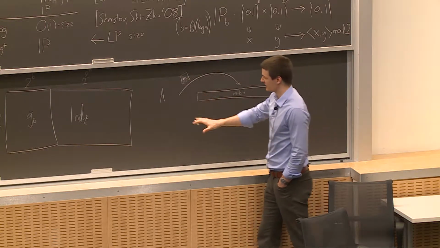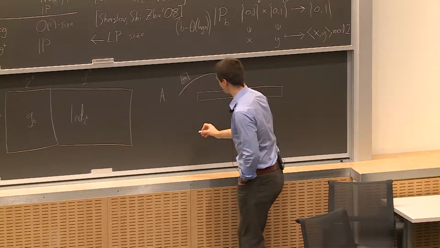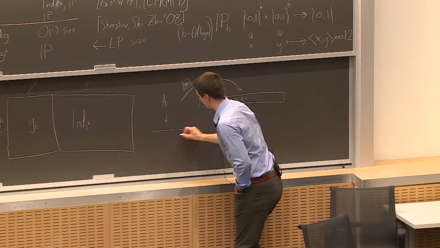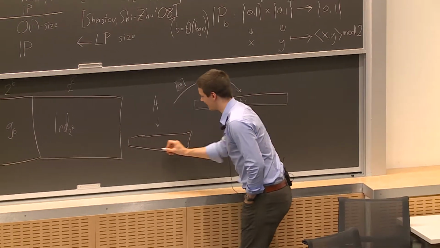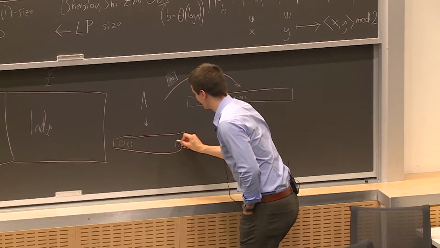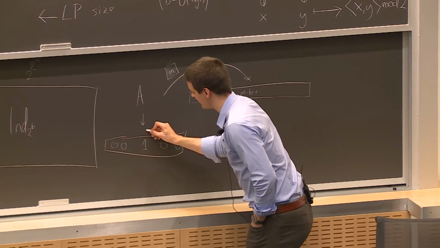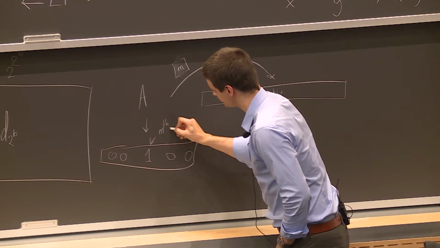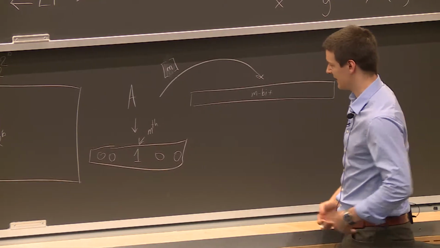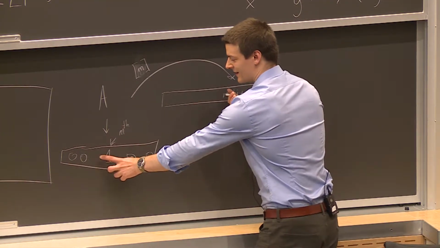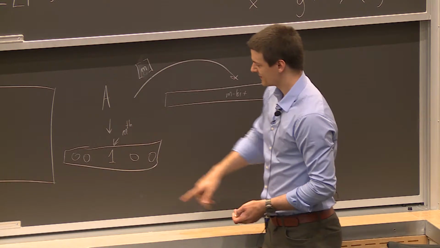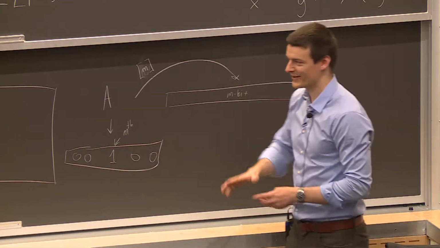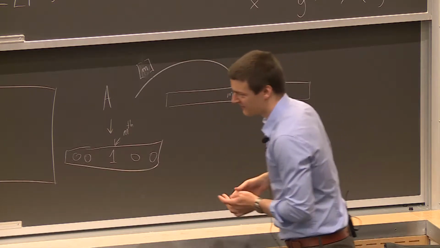But in this reduction, Alice manipulates her input into also an m-bit string that is all 0, except there's a 1 entry in the mth position. So clearly, these two strings intersect just depending on the value in the mth position. Okay, and now I see a nodding of heads. Thank you.